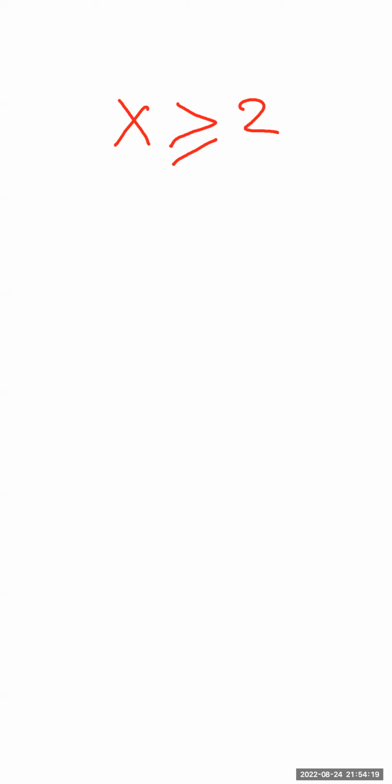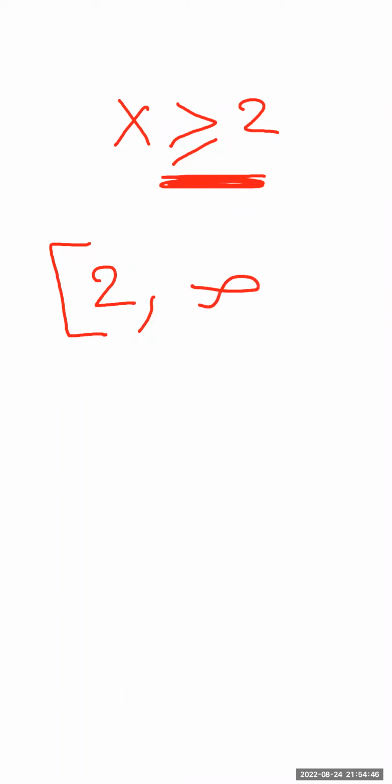Okay, so now my start point on the interval is 2, and it was closed from the side of 2. Then what will be the next point? I mean the end point. Do we know the end point? It could be 100 or 1,000 or million or milliard or whatever. I don't know. So in this case, it will be 2 and positive infinity.